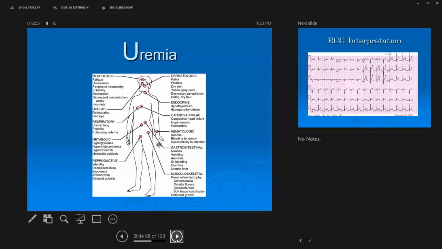The main thing to think about from a neuro perspective is if they're drowsy, lethargic, confused, with a decreased level of consciousness, kind of the main thing with uremia. What might you see from a cardiac perspective?